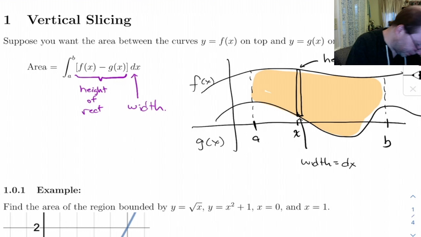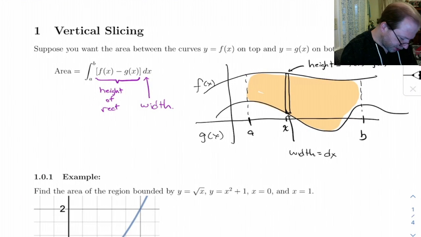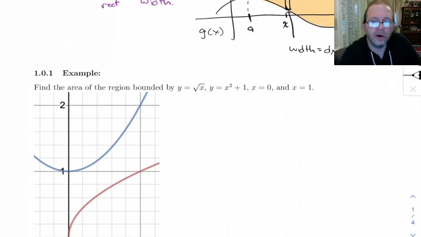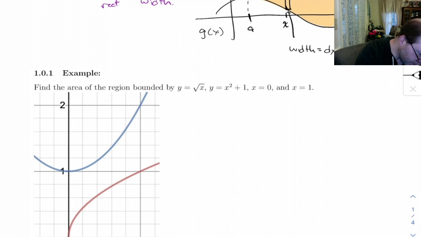So let's do an example. Down here, this says find the area of the region bounded by y equals square root of x, y equals x squared plus 1, x equals 0, and x equals 1. So I've got all that stuff drawn in here. Let's color it in.